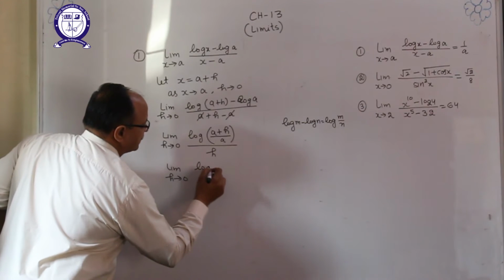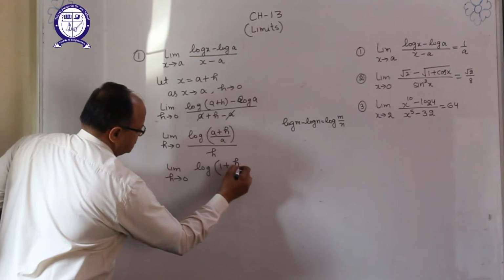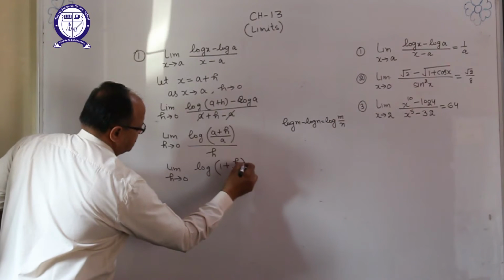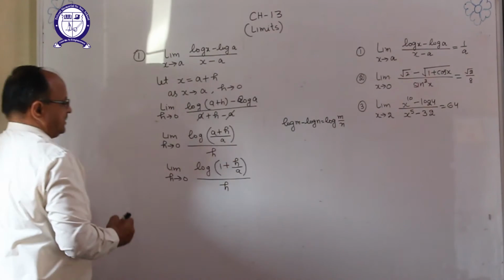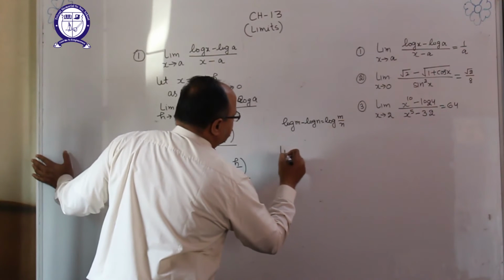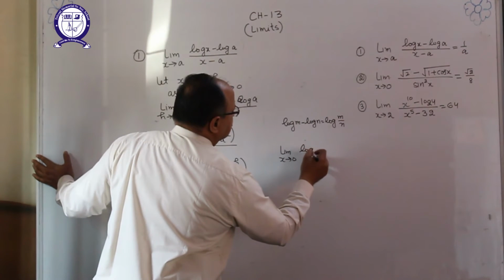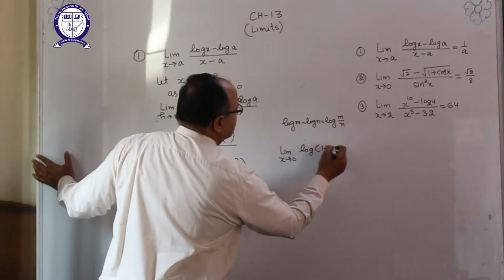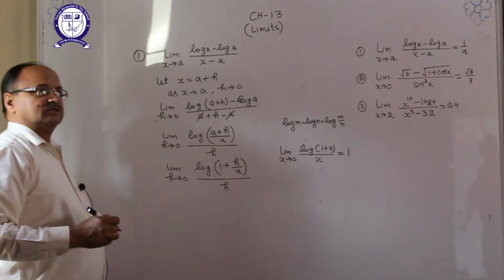You can simplify further: log of a upon a into (1 plus h by a), divided by h. But you know the property of log: limit x approaches 0, log(1 plus x) divided by x is equal to 1.